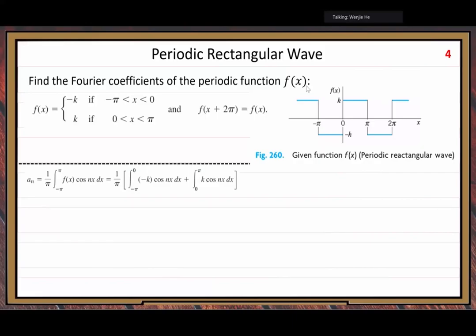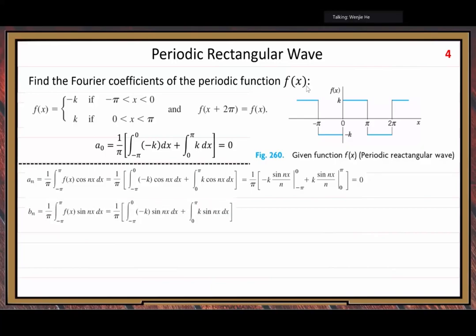The integral of the f function gives 0, so A0 is 0, and the An are also 0. And the Bn are non-zero. You cannot have all the coefficients 0, otherwise it's a 0 function. So Bn is non-zero.